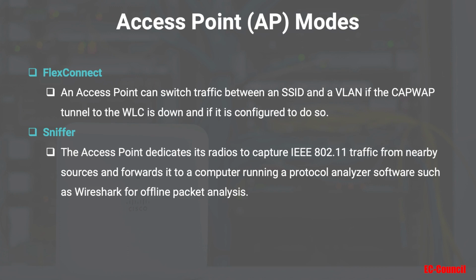In this mode, the access point dedicates its radios to capture any IEEE 802.11 traffic from nearby sources. Once the traffic is captured, it forwards it to a computer running protocol analyzer software such as Wireshark for offline packet analysis.